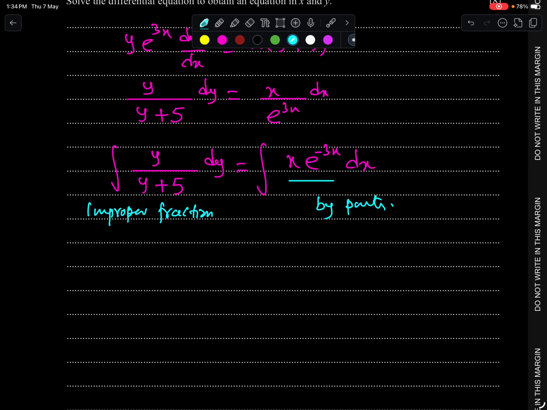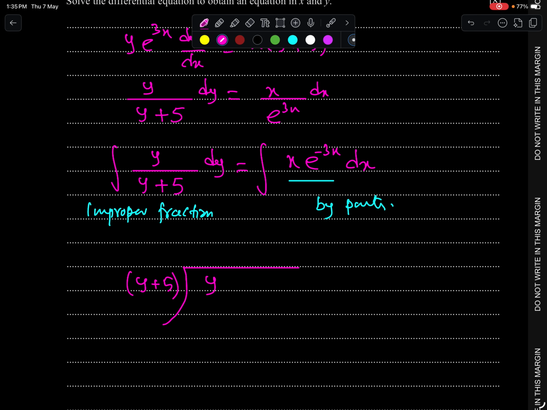So first use long division to split this fraction. This fraction is improper, so split it using the long division method. Write y plus 5, make sure you write both the dividend and divisor in descending order.